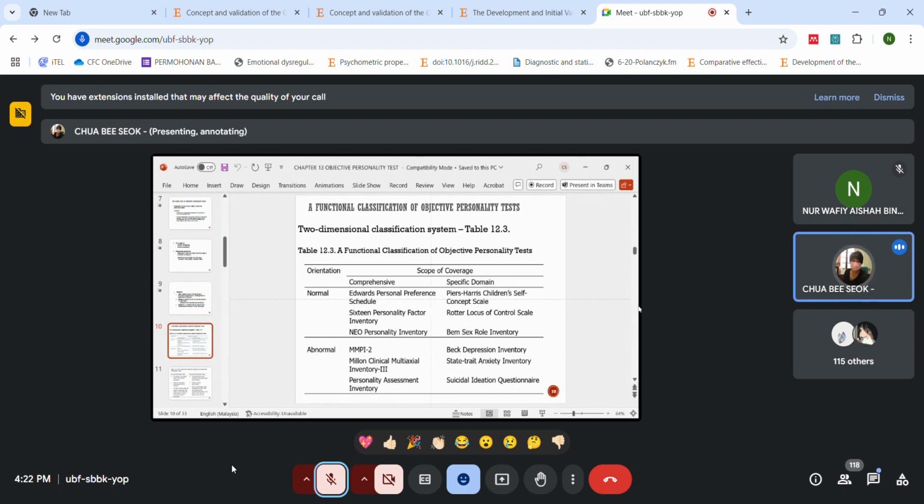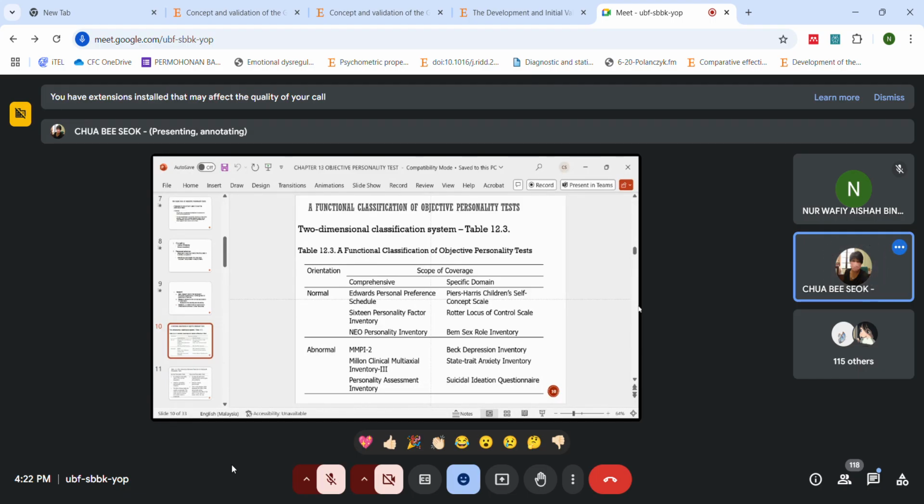Yeah. So besides dividing into comprehensive and specific domain, tests are also divided into normal and abnormal personality tests. For normal and comprehensive tests, an example is the EPPS. Last week we discussed the EPPS, right?